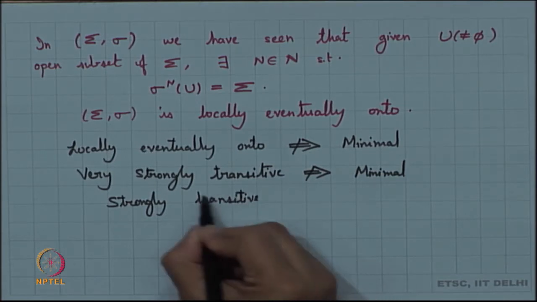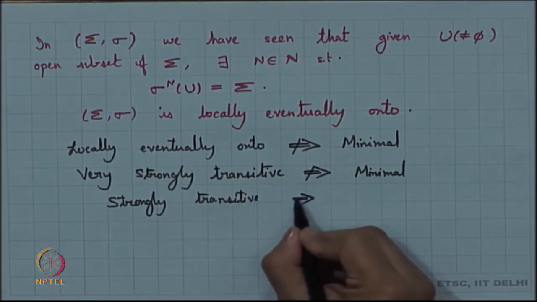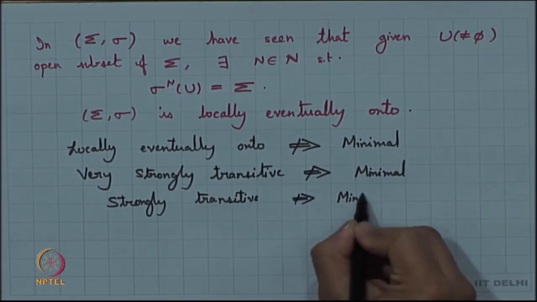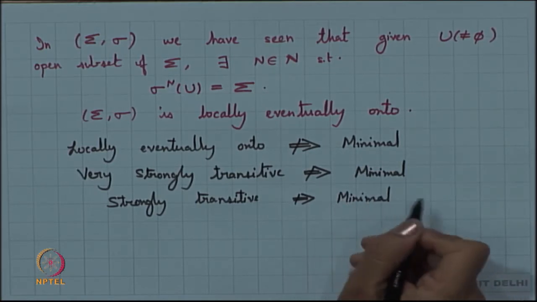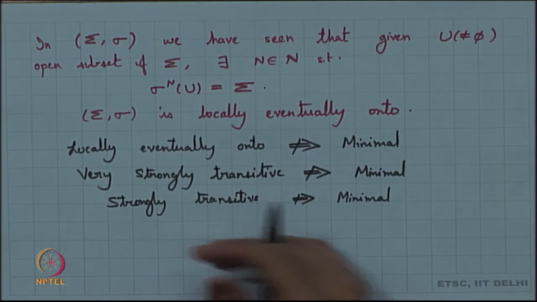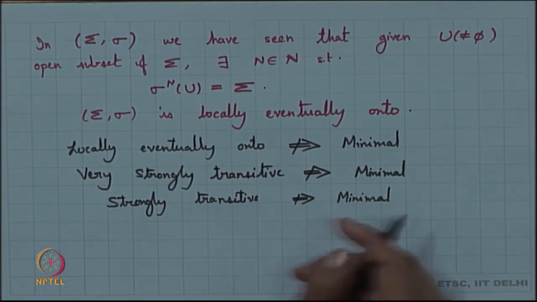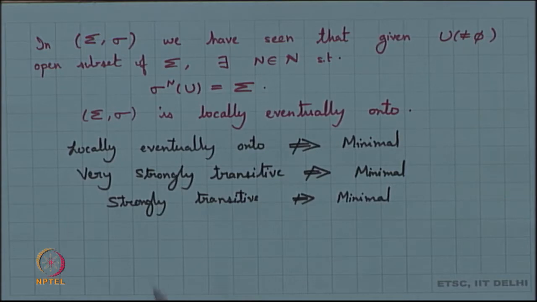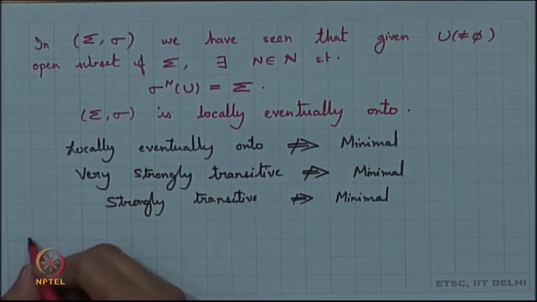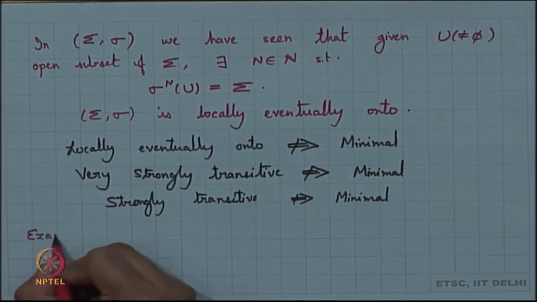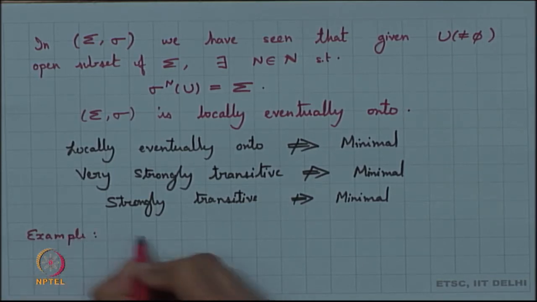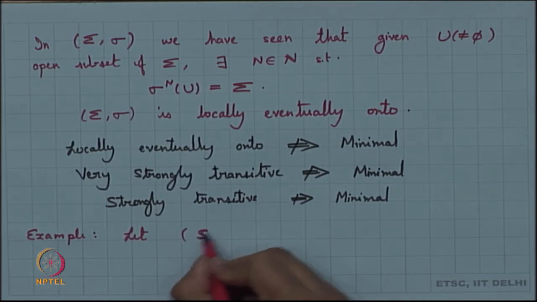So, these properties are very distinct from minimal, but we have also seen that minimality implies very strongly transitive and strongly transitive. So, let us start with another example here. Let us take our irrational rotation.